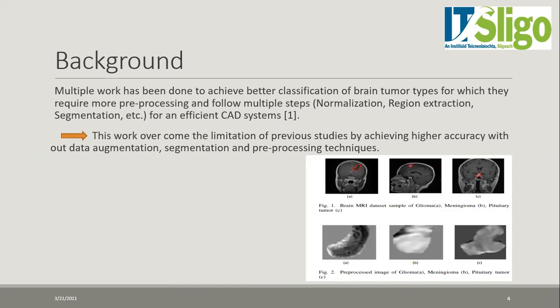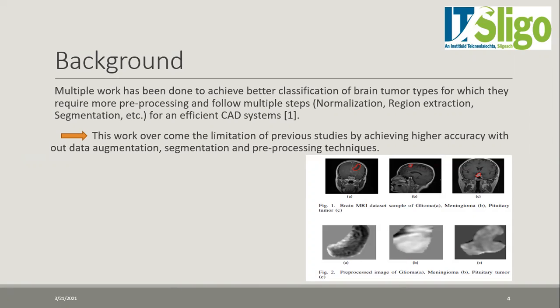The background of the work is very extensive. Multiple works have been produced to perform better classification of brain tumors. Those classifications are done with normalization, regional contrast-based techniques, and segmentation.